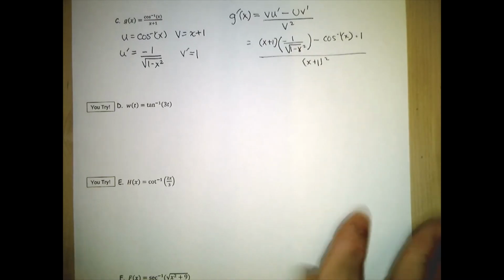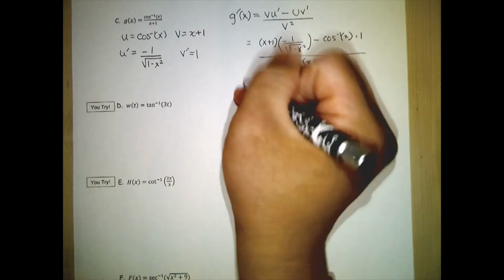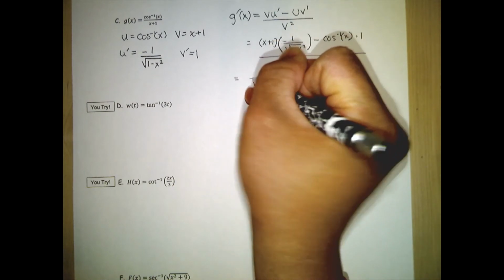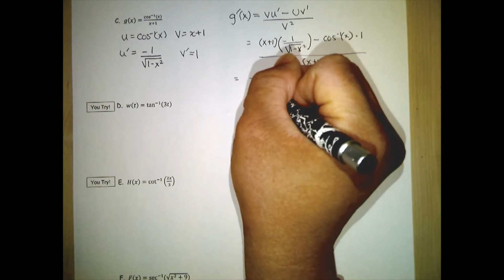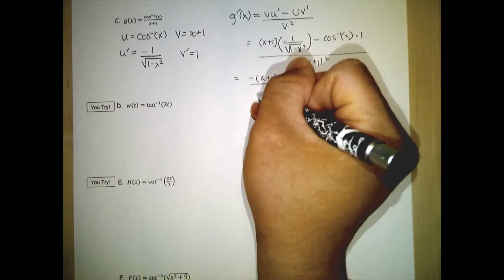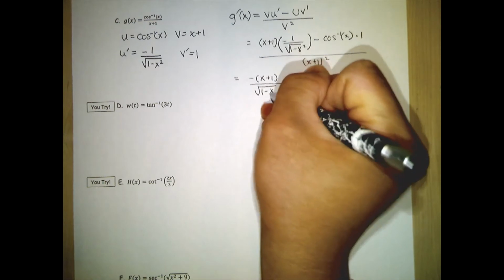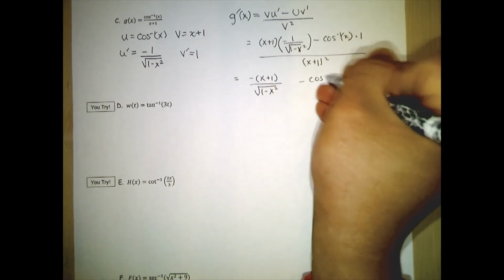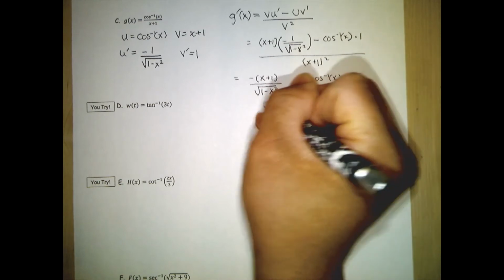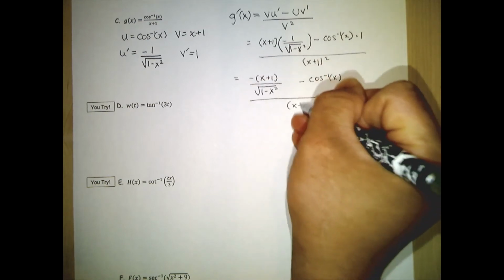And then let's do a little bit of algebra here. So we have negative x plus 1 all over the square root of 1 minus x squared minus cosine inverse of x all over x plus 1 squared.